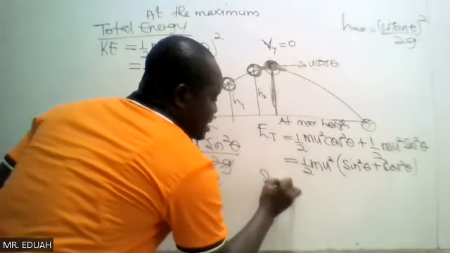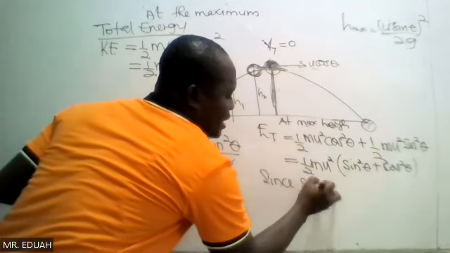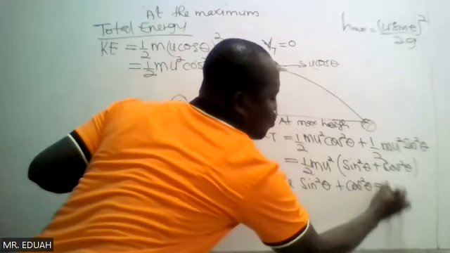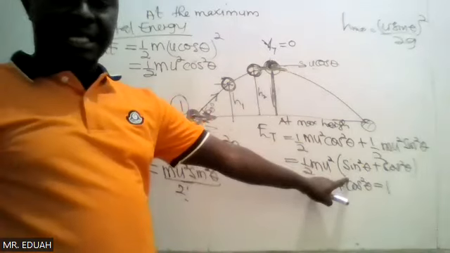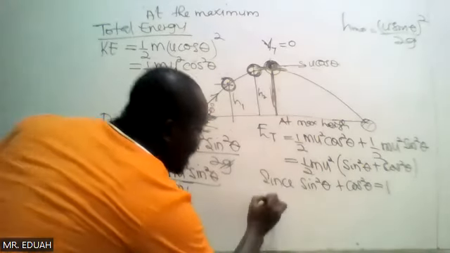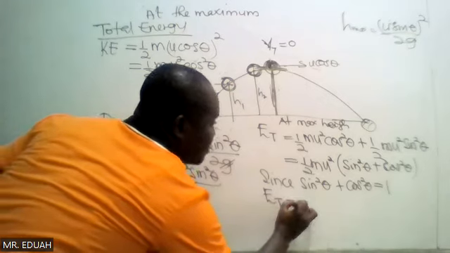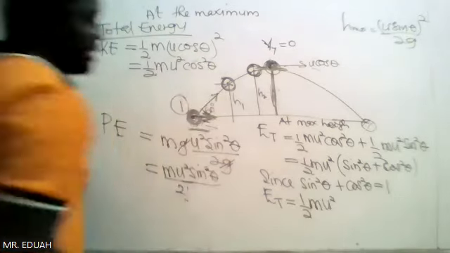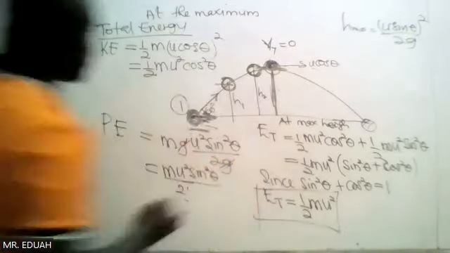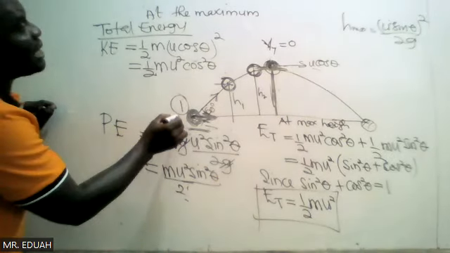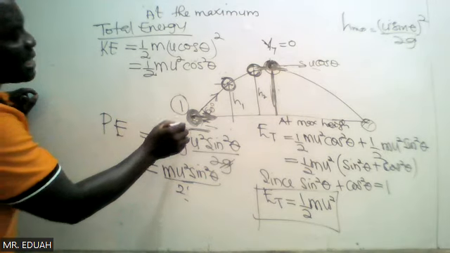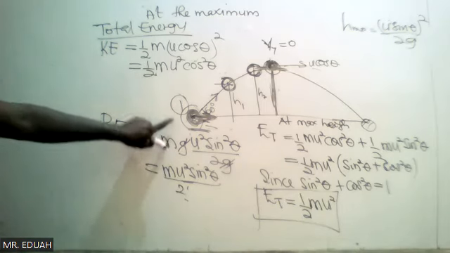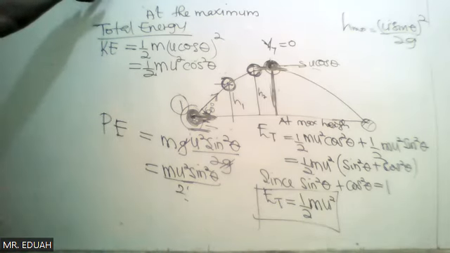So when you put that here into the equation, you realize that the total energy of the body at the maximum height is equal to half m u squared. And this total energy is equal to the energy possessed by the body when it is just here, when it is at 1.